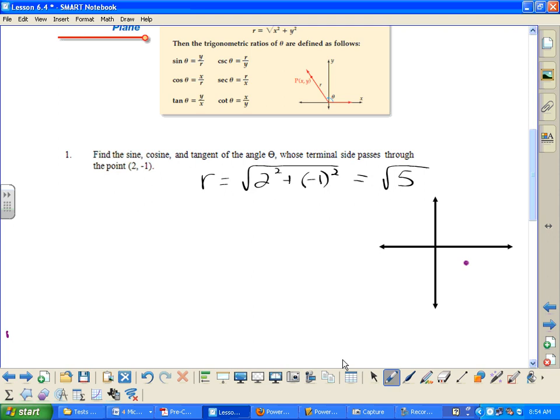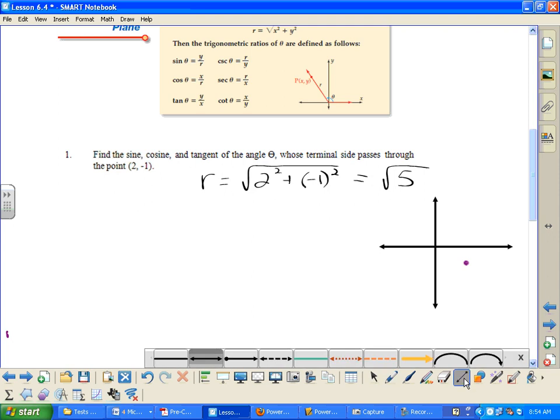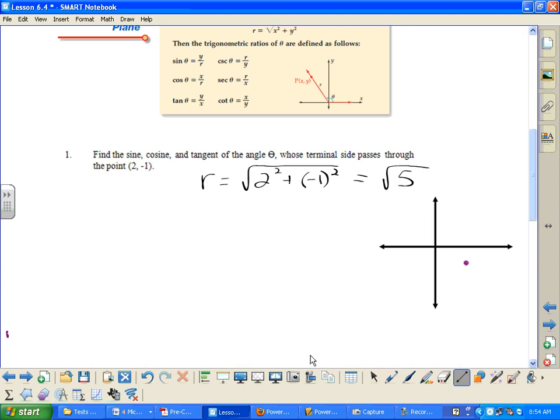So what we're doing is we have a right triangle that's going to go from here to here. That's almost a right triangle. But here's the thing: in the triangle I draw, the vertical side always goes from the point to the x-axis.